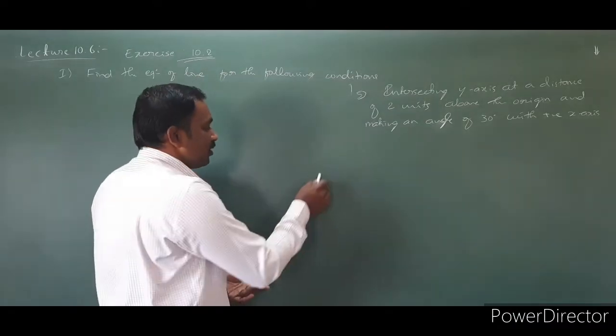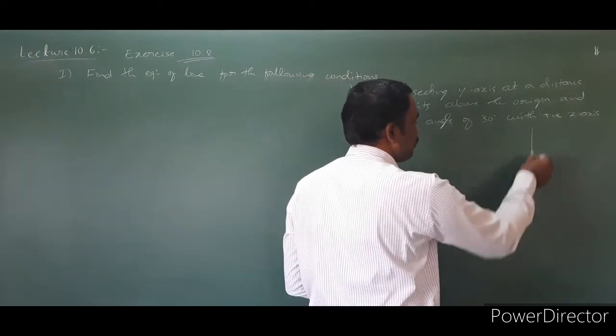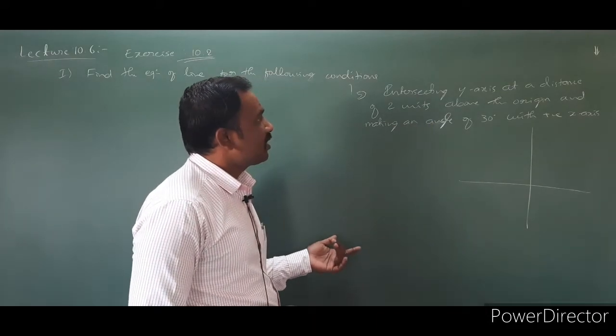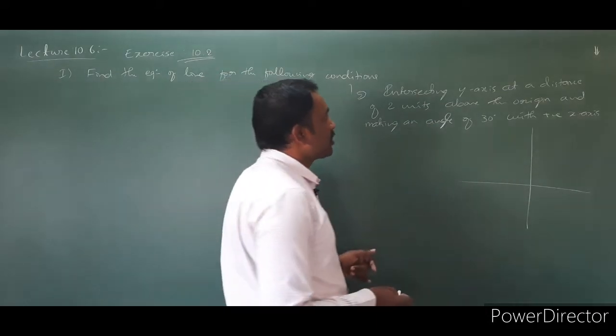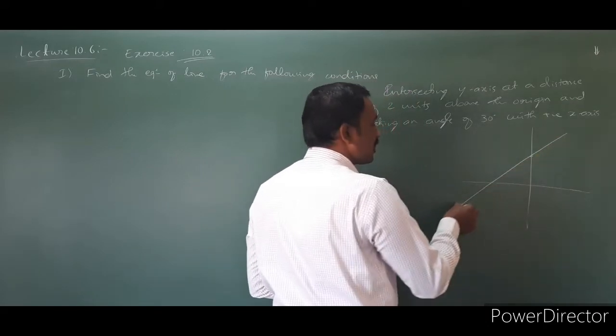Okay. I just draw the diagram here. The line is intersecting the y-axis at a distance of 2 units above the origin, 1, 2 units, and the line is intersecting in this manner.